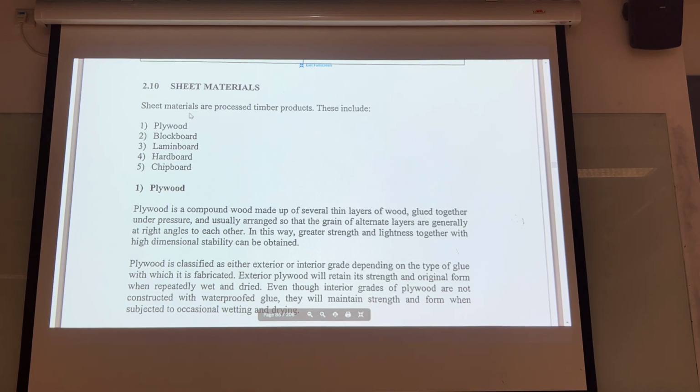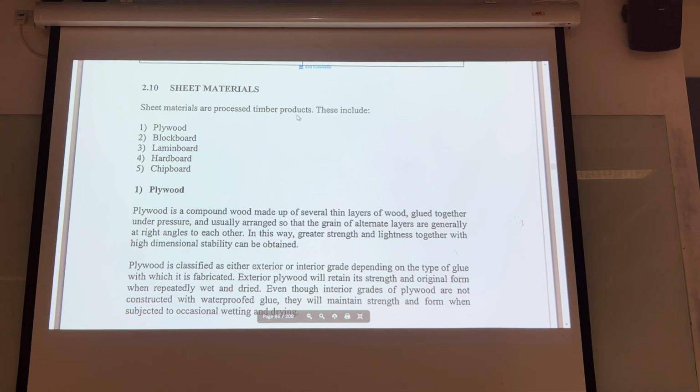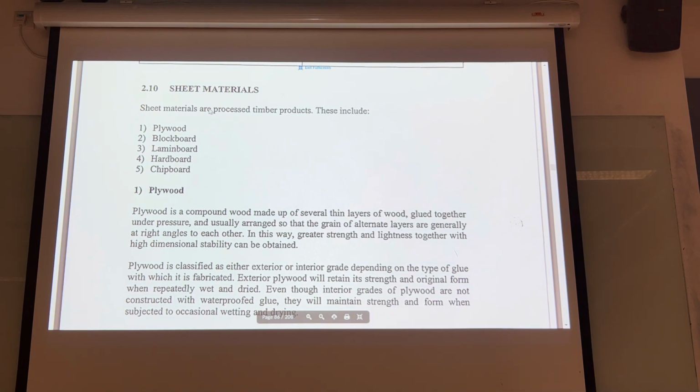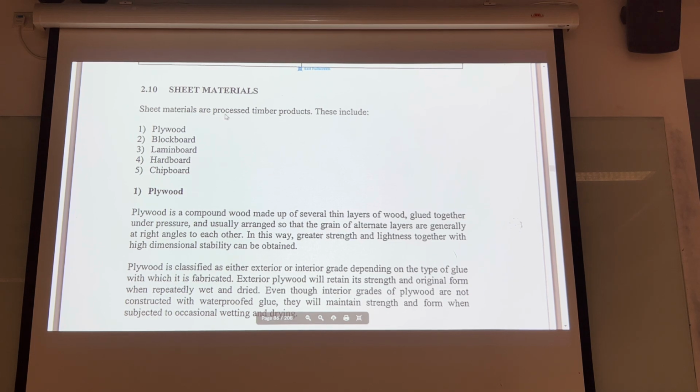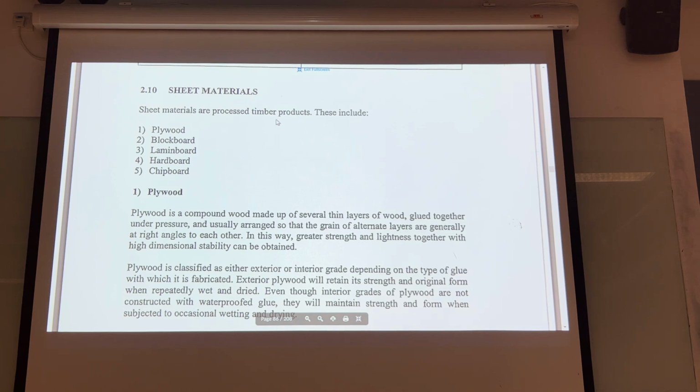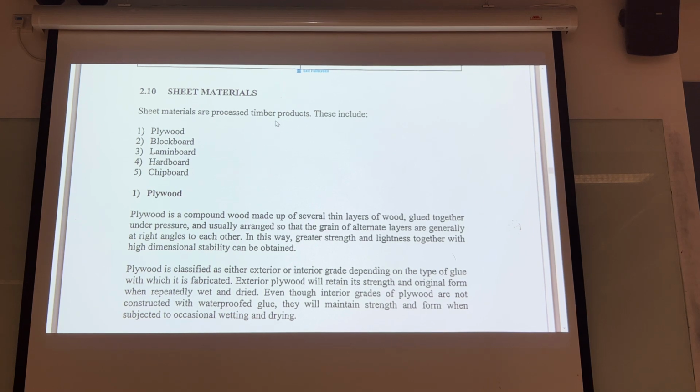So what do you mean by processed timber product? Sheet materials are processed timber products. Why do you call it processed timber product? It has a process. It is not ordinarily the whole piece cut from the tree by itself, right?